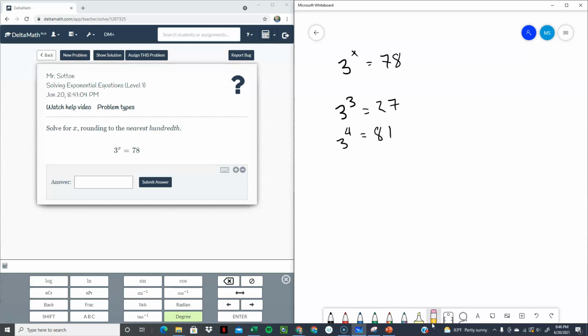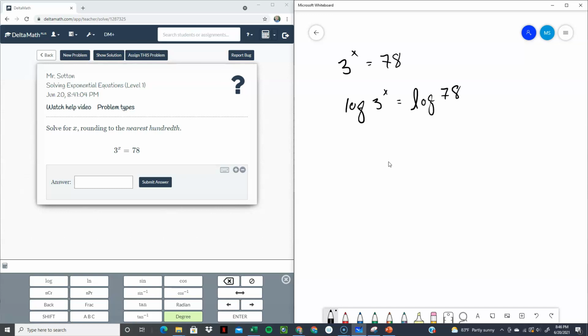So how do you find this exponent if it's not an exact answer is the question. So what we want to do is take the log of both sides, and we're just going to use log base 10 because that will make it so we can plug it into the calculator. And we want to get x by itself.